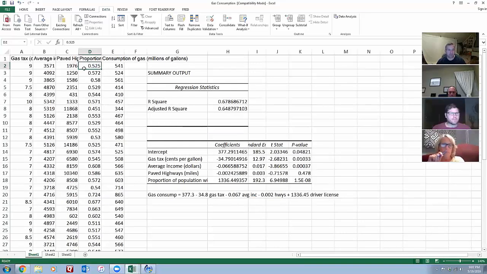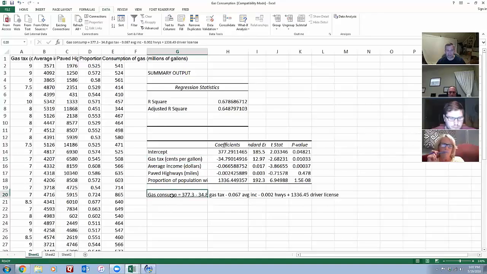I can't go from 52.5% to 152.5%. So you have to be really careful in interpreting the magnitudes of these coefficients. But after you've done that, you want to know, is the gas tax an important variable in affecting gasoline consumption?